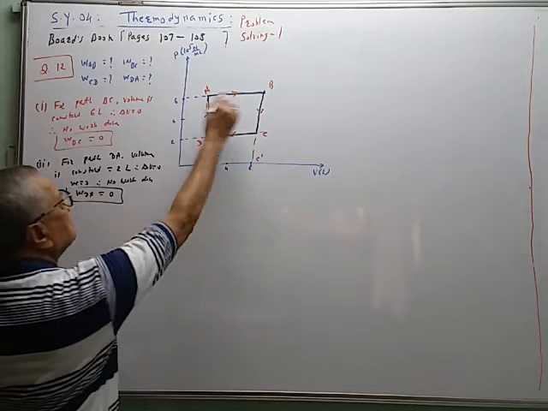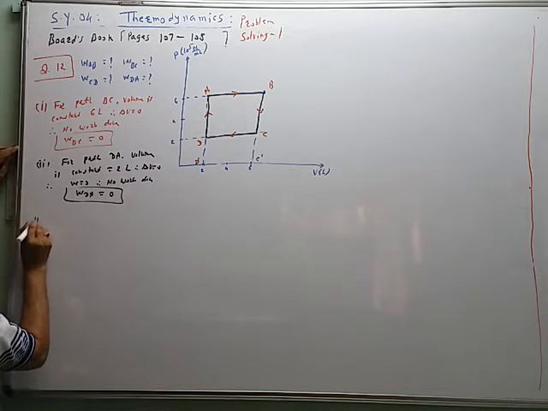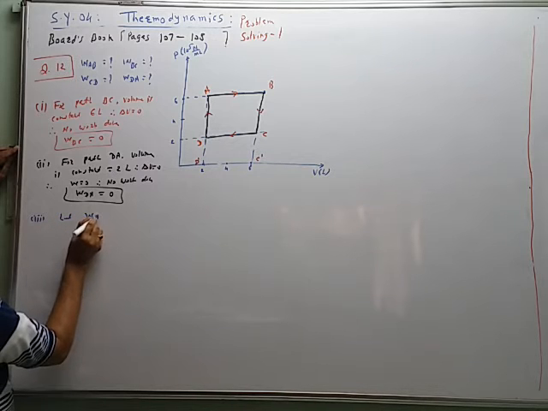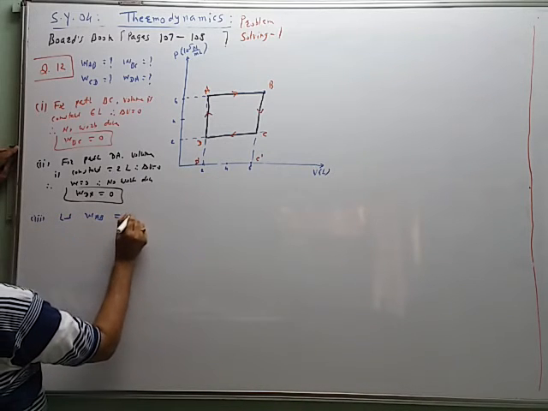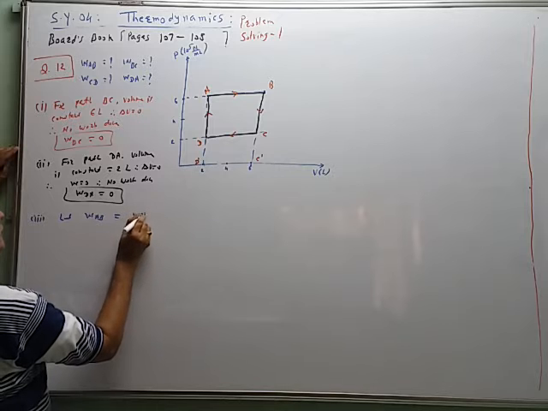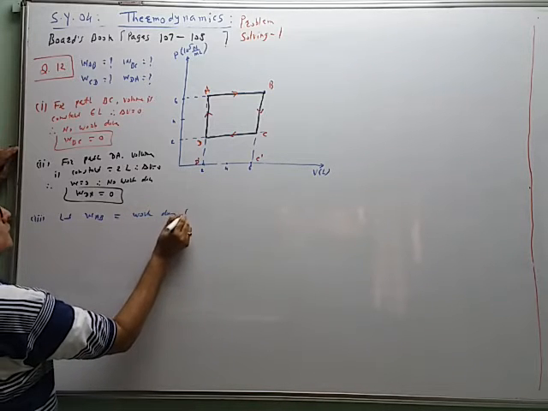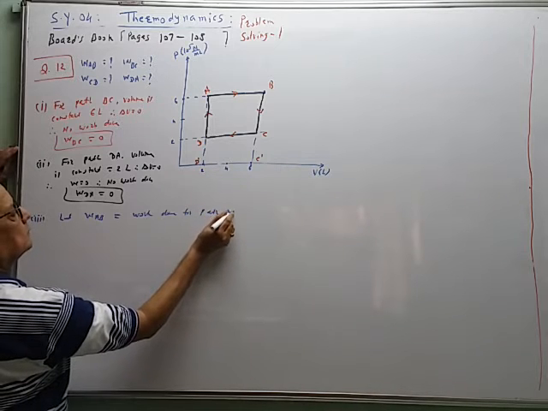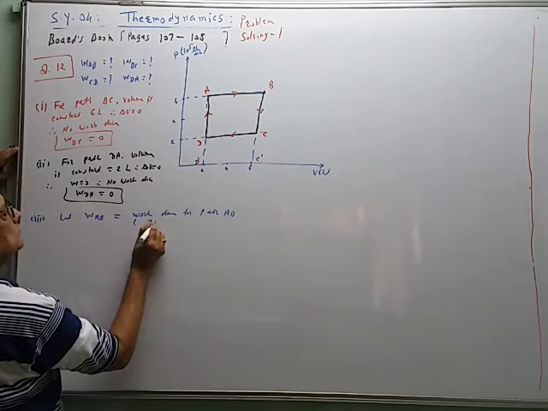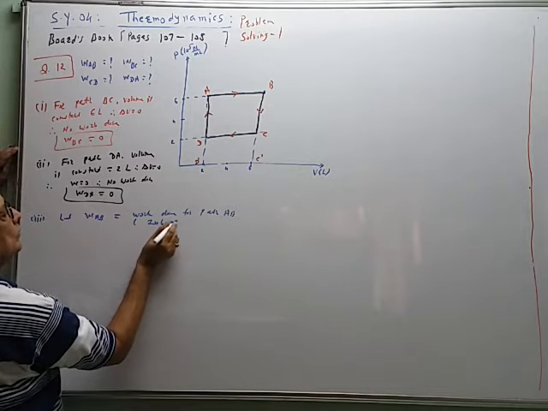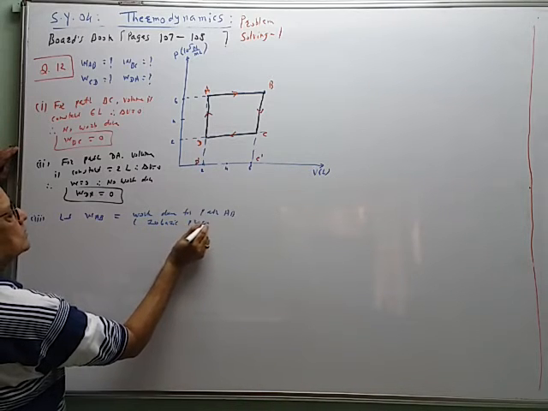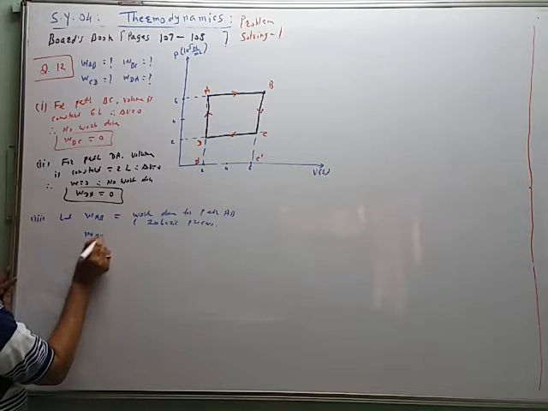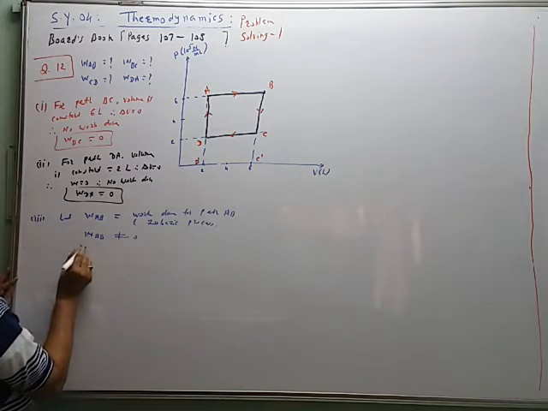सो वी विल कन्सिडर दिस पाथ AB. Let WAB is equal to work done for the path AB. It is isobaric, pressure is remaining constant. Therefore WAB is not equal to 0.